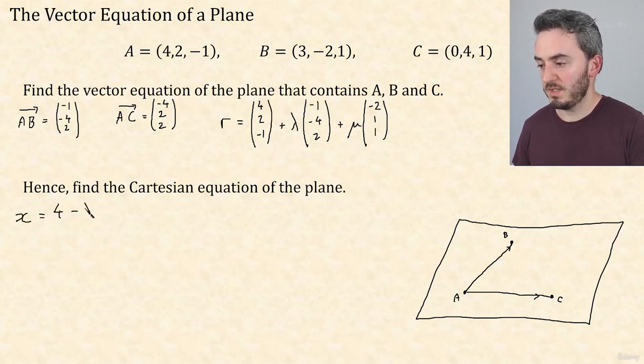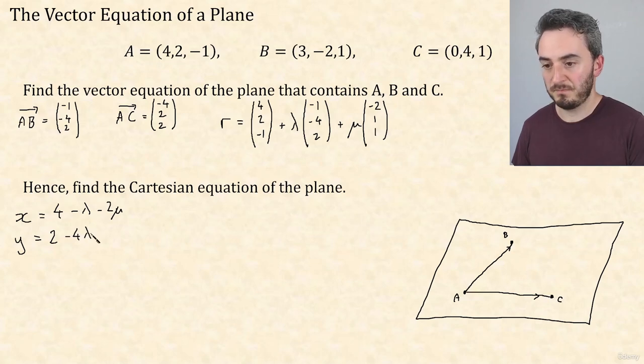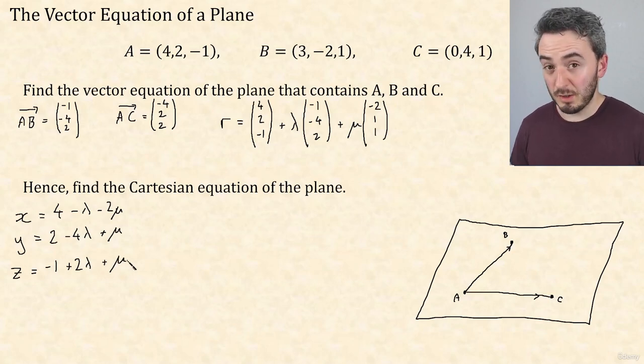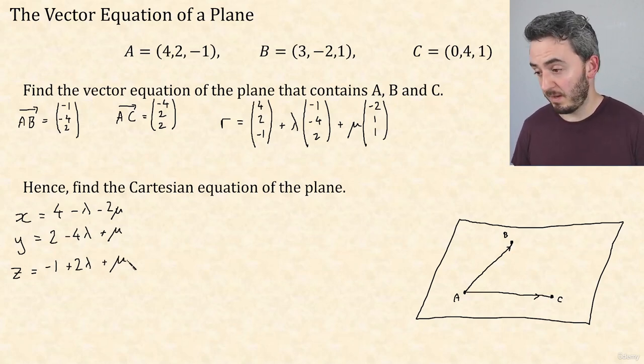The y coordinate of any point is the middle row, so 2 minus 4 lambda plus mu, and the z coordinate is just the bottom row, so -1 plus 2 lambda plus mu. And all we need to do is just eliminate lambda and mu from this.